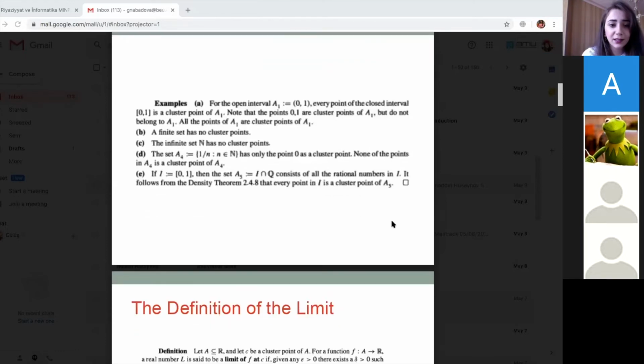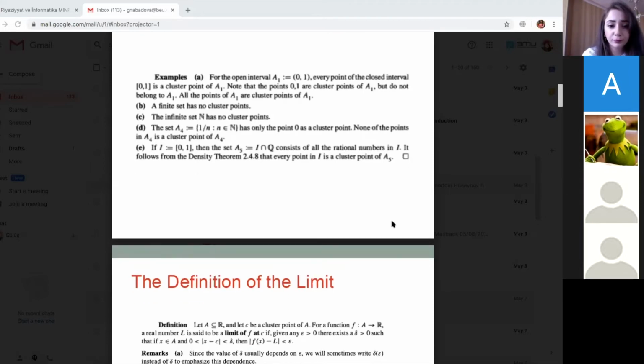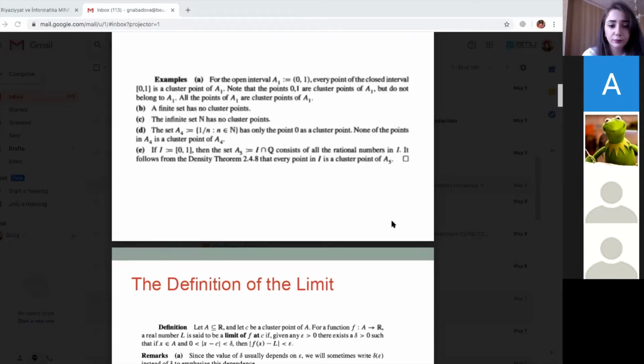For example, for the interval A1 = [0, 1], every point of the closed interval is a cluster point of A1. An infinite set N has no cluster points. And the set A4 equal to 1 over n for natural numbers n has only the point 0 as a cluster point.